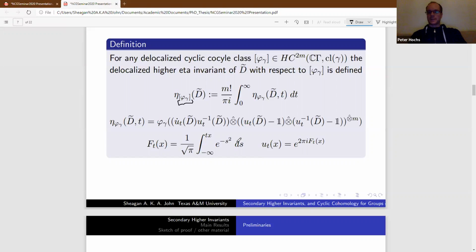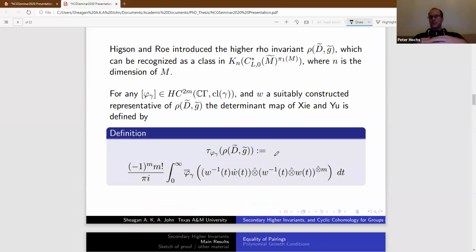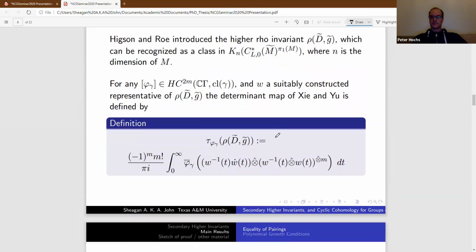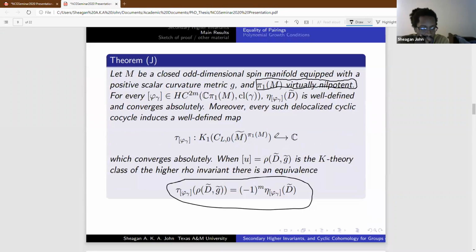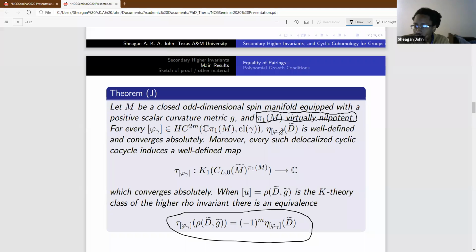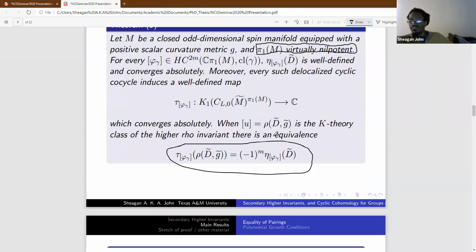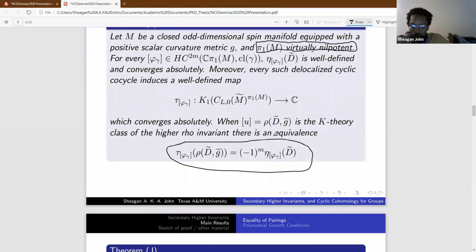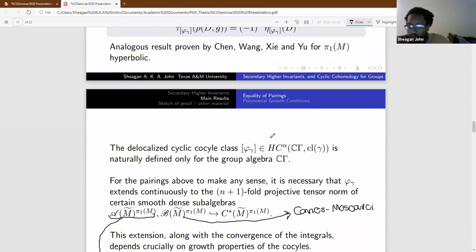Can I just ask a question about your growth condition on your group? Would it be enough to just impose a growth condition on just the conjugacy class? So say the conjugacy class is of polynomial growth instead of the whole group? No, I don't think so. Or at least for the case of traces, yes, one can do so. But for our higher ones, let me go here.